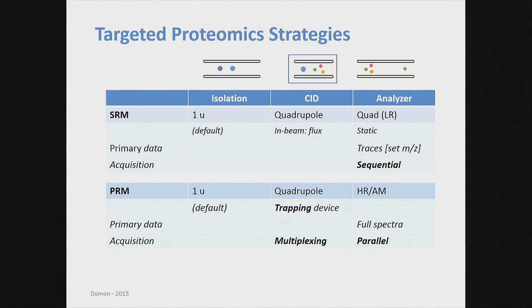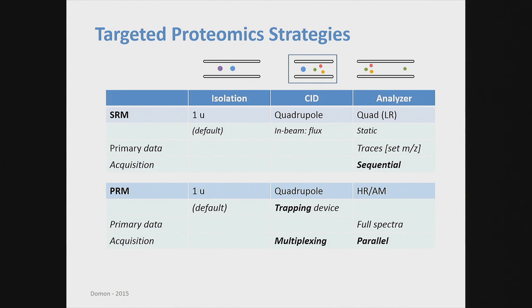And in addition, you have the multiplexing capabilities, which allow you to measure more, and this becomes especially interesting if we do quantification. Multiplexing has been used in DIA also to measure multiple precursors and get more spectra measured at the same time. That's not what we're trying to do here.